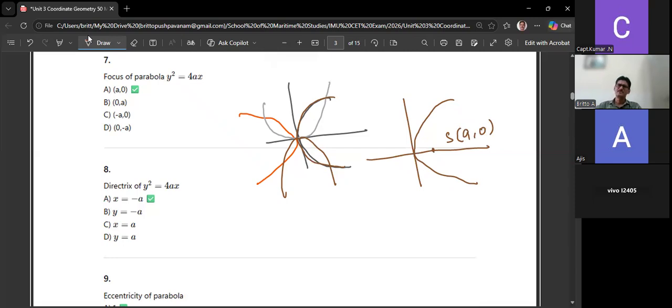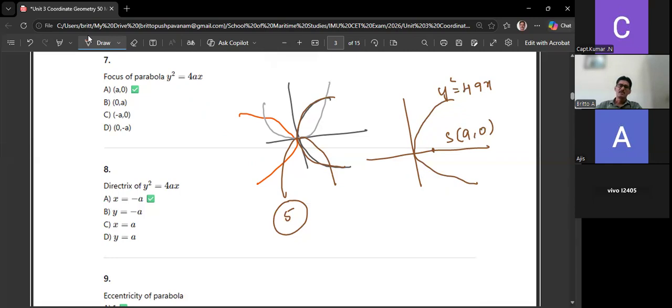Since we are studying parabola, I explained different concepts of parabola so that if they ask a different question, you should know. In any parabola, there are 5 properties you should remember. The general equation of parabola is y squared equal to 4ax, which usually opens to the right side.